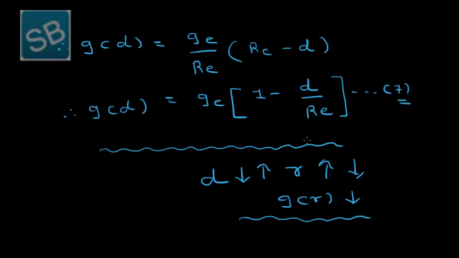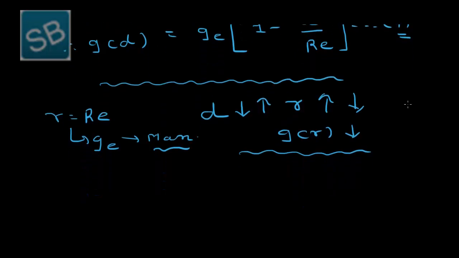Now, the acceleration due to Earth's gravity is maximum on its surface. That means at r is equal to re, the value of gE is maximum. And from there on going above or below, it decreases.